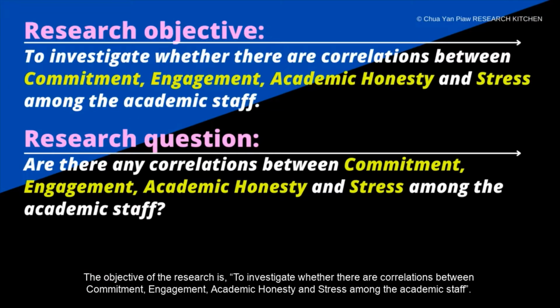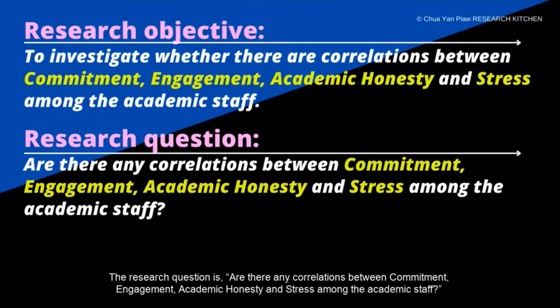The objective of the research is to investigate whether there are correlations between commitment, engagement, academic honesty, and stress among the academic staff. The research question is, are there any correlations between commitment, engagement, academic honesty, and stress among the academic staff?